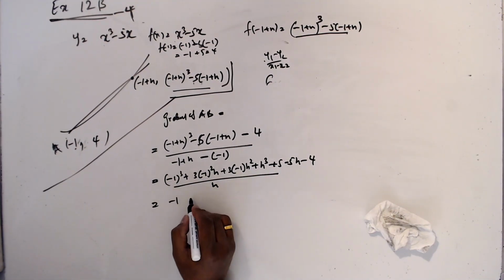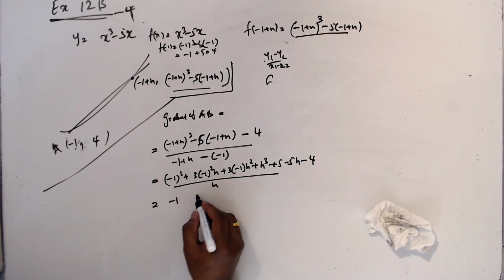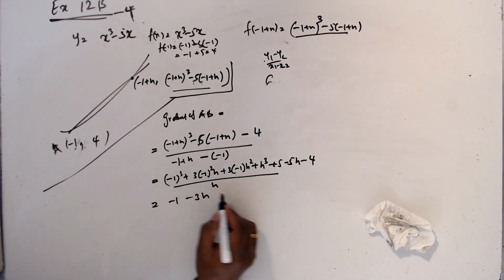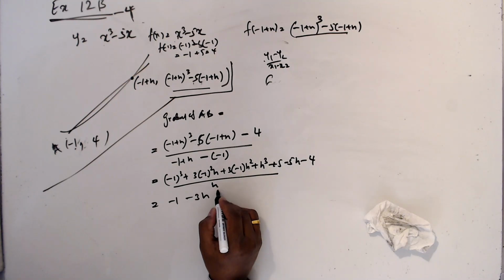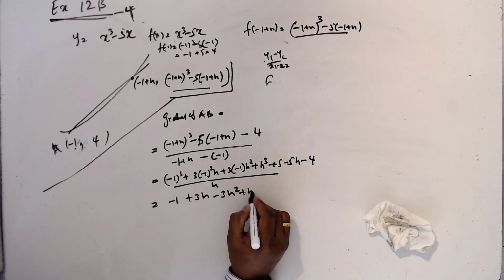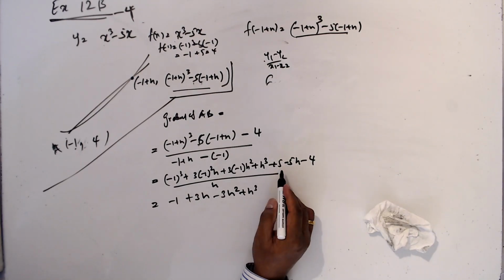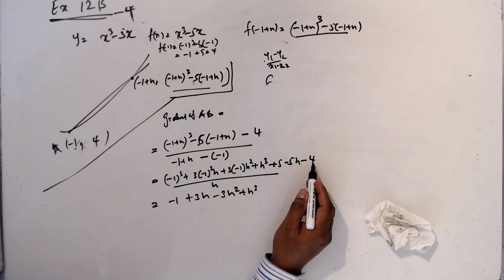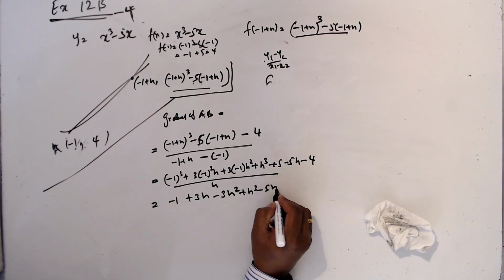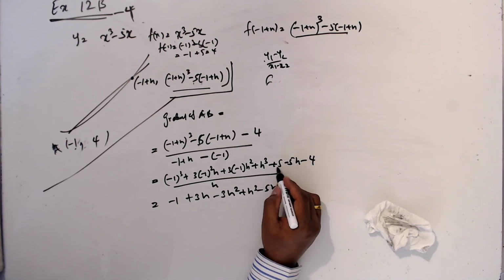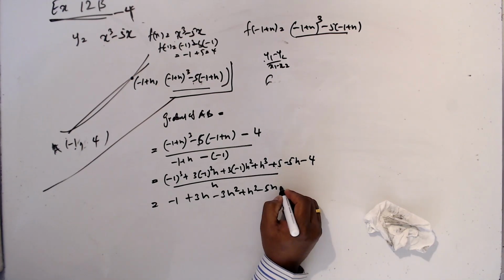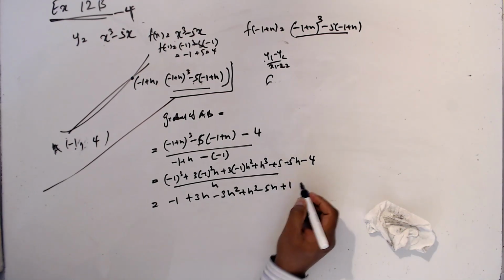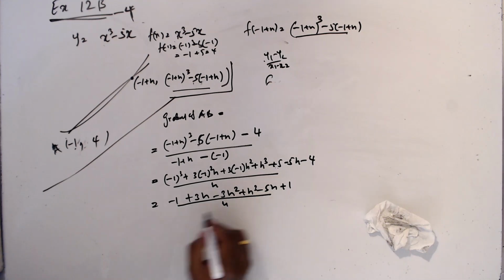This is −1 and this is +3h, plus 3h... (−1)² is positive. This is −3h² + h³ plus 5, minus 5h I write here, plus 5 − 4, plus 1 over h.